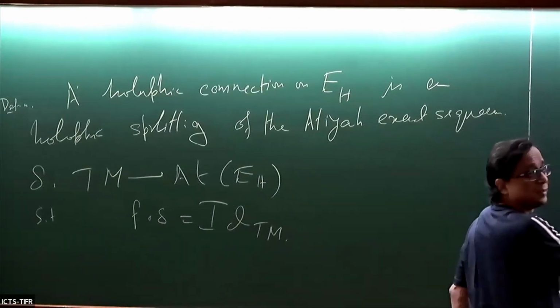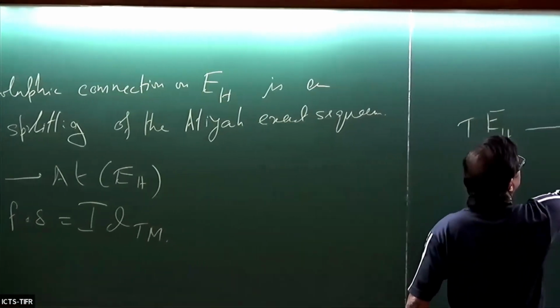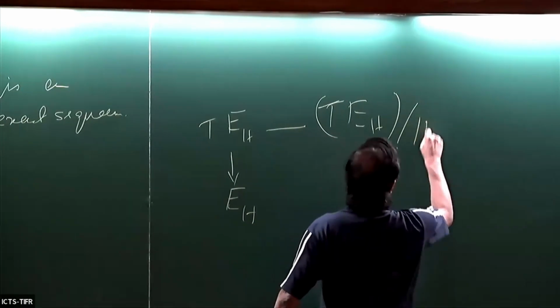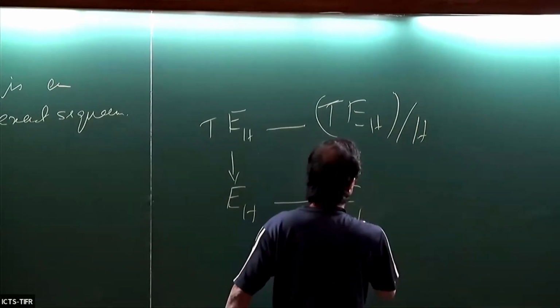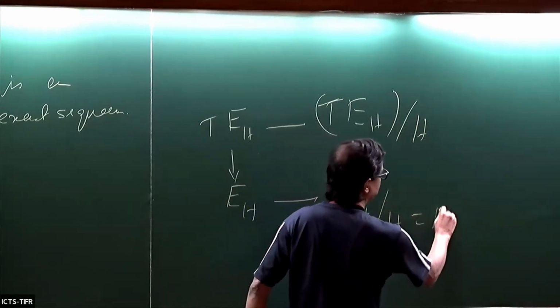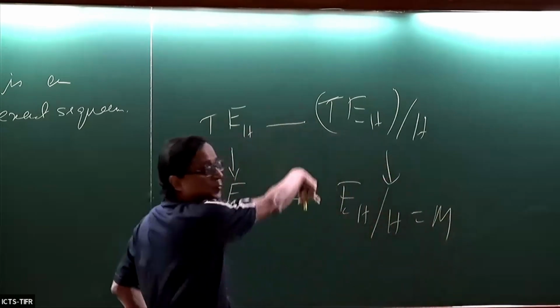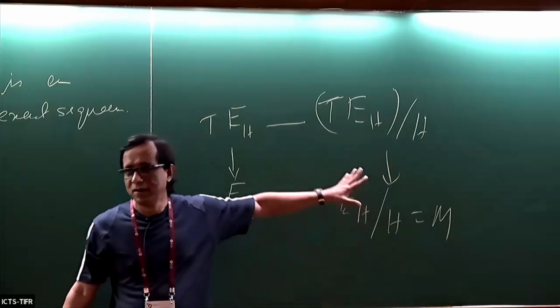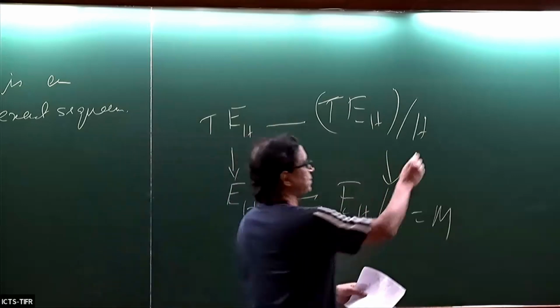H acts on this and this equivariantly. So you go down from T E_H to M. Now this gives a projection and this makes a vector bundle. This is my Atiyah definition. Sorry, this is the definition of the Atiyah bundle.